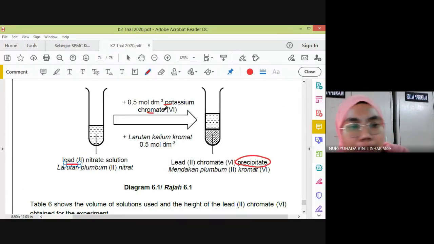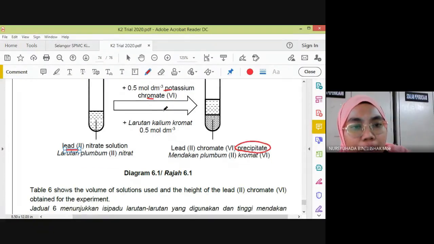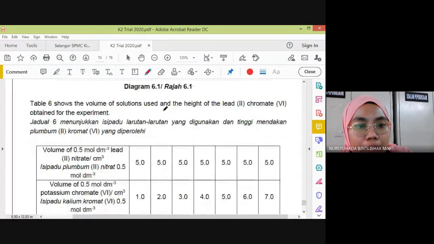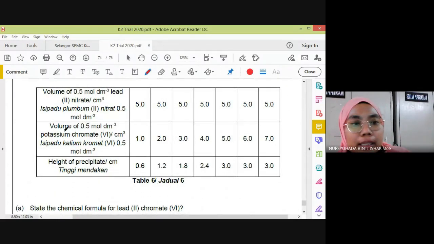Double apa? Double decomposition. Double decomposition is the reaction to produce insoluble salt. Okay, tengok kat sini kita tengok volume of lead nitrate dia constant, dia ubah potassium chromate. Agak-agak yang mana reaction complete? Based on the data, dekat mana reaction dah start complete?